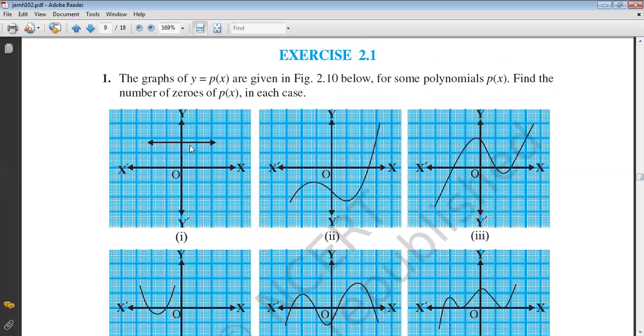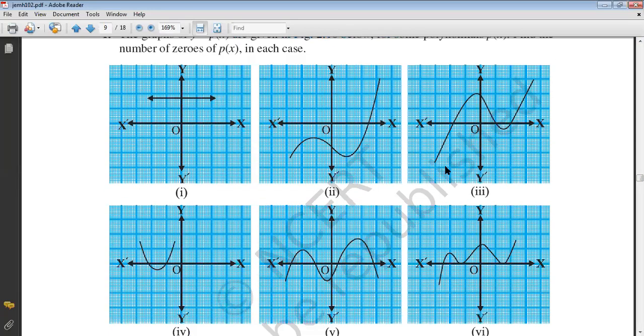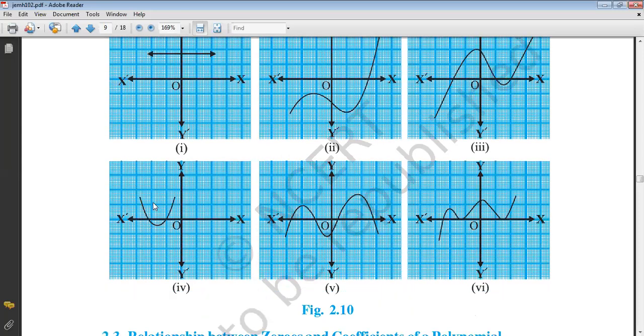First case, it is not cutting the x-axis, so number of zeros is 0. Second case, 1 zero. Third, you can see it cuts 1, 2 and 3, so it will have 3 zeros. The fourth graph has 2 zeros. Fifth, 1, 2, 3, 4. And the sixth one, 1, 2, 3, 4.